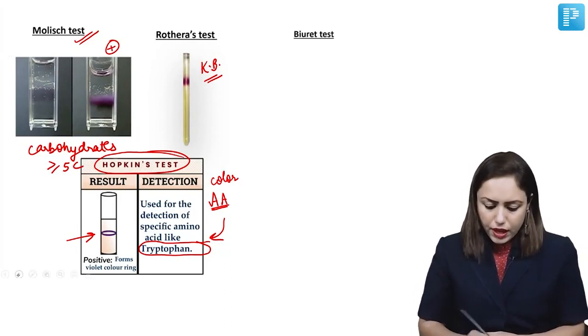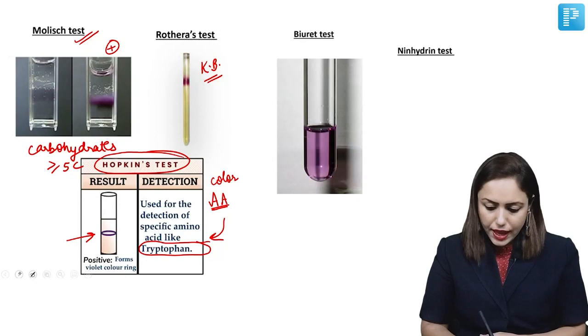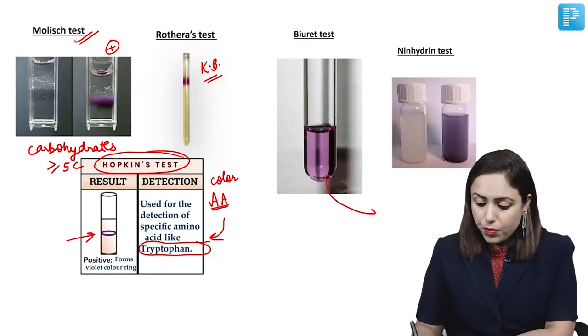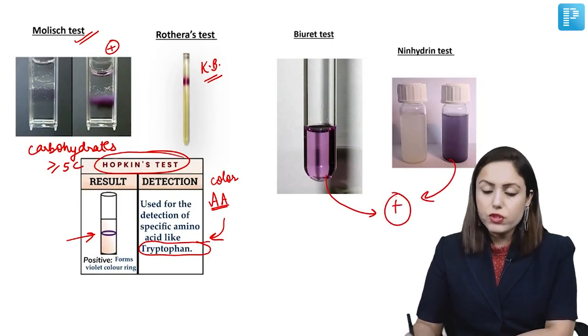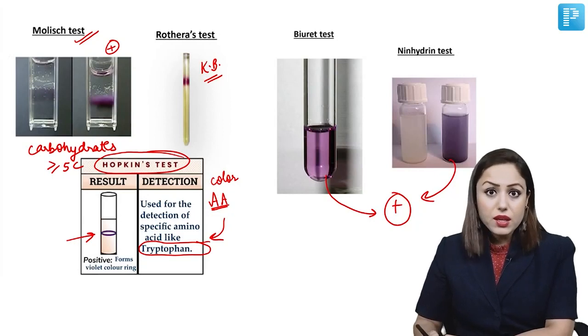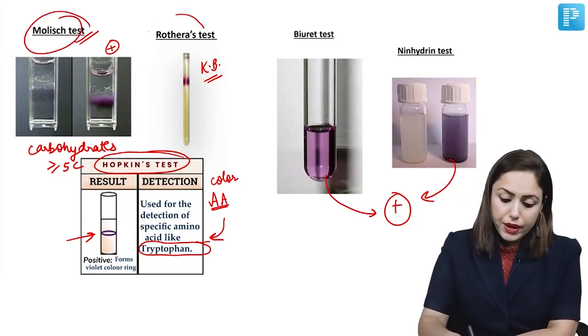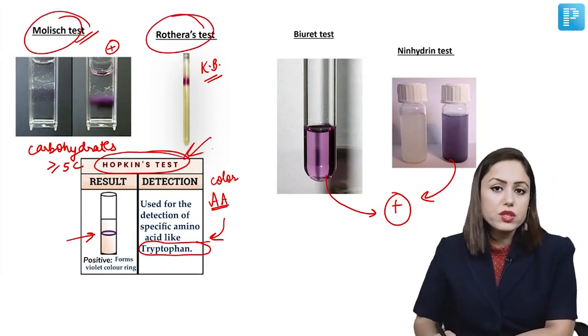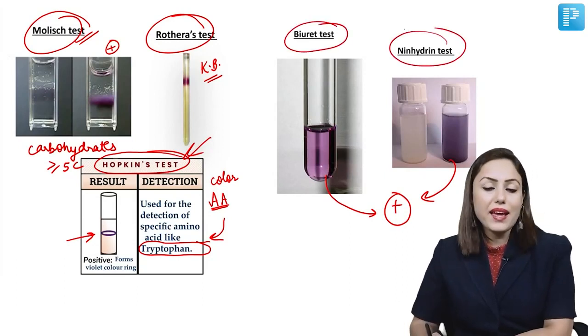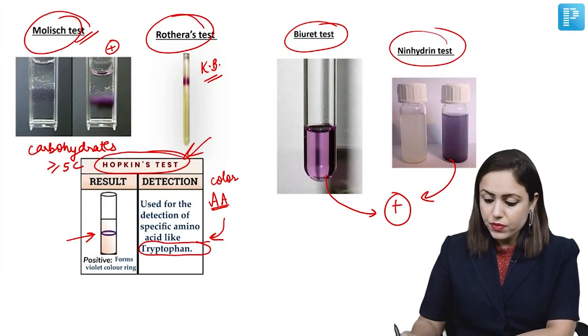Then we have Biuret test and ninhydrin test, where a purple colored solution is a positive test. Okay. So be careful, there is a purple ring in Molisch and Hopkins-Cole test, but there is a purple color solution in Biuret and ninhydrin test.